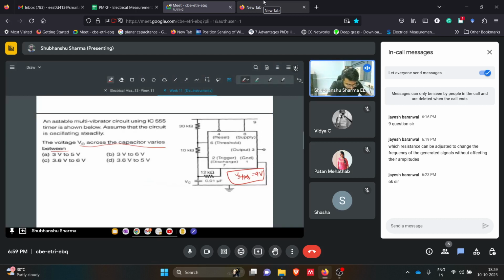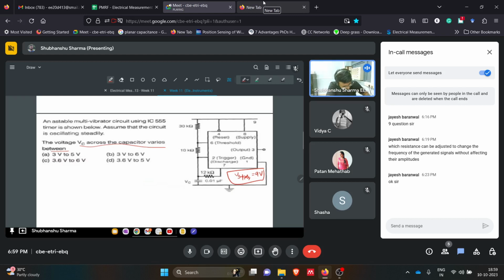Again there is an astable multivibrator circuit using IC 555 timer, and they are assuming that the circuit is oscillating steadily. So the voltage VC across the capacitor varies between.